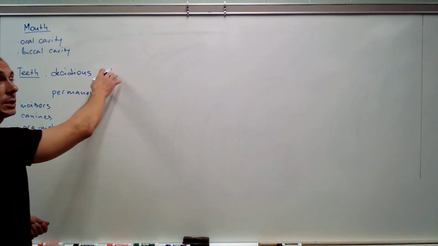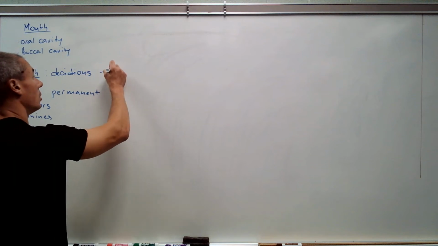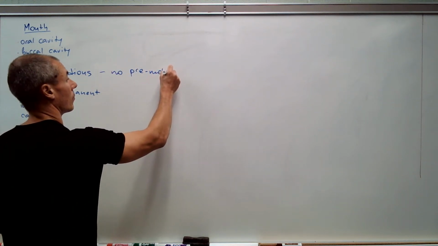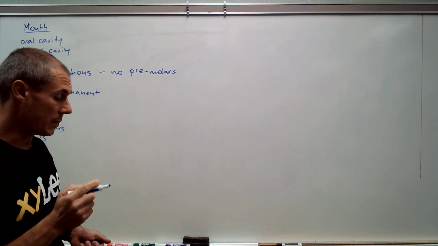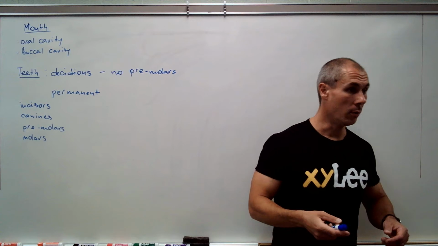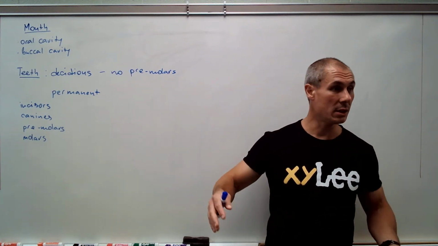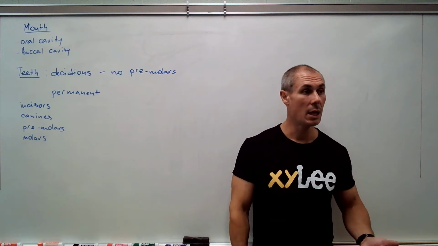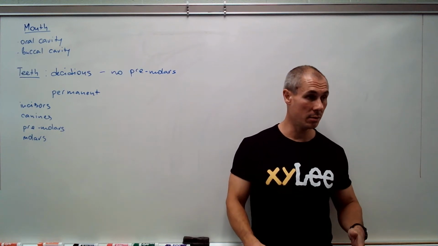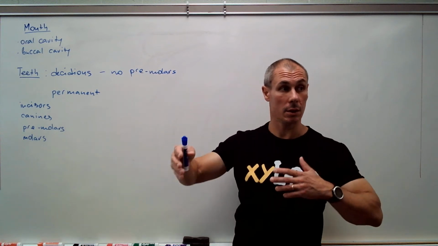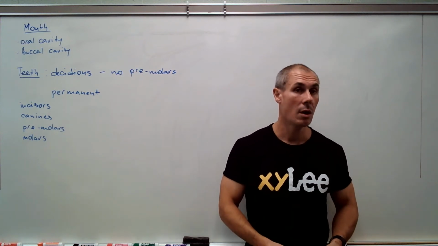What do you need to know about deciduous teeth? There are no premolars. I'm not particularly hung up on the numbers, as you know: there are 20 deciduous, 32 permanent. I do want you to know that there are no premolars in deciduous teeth.